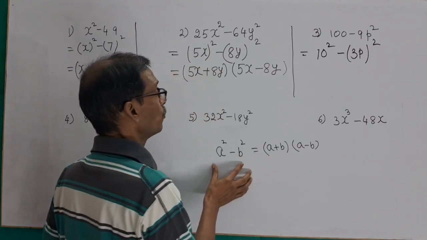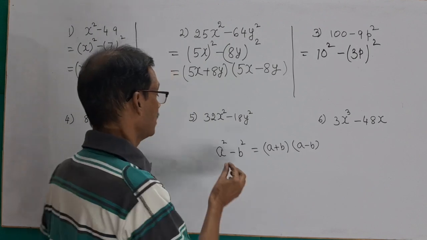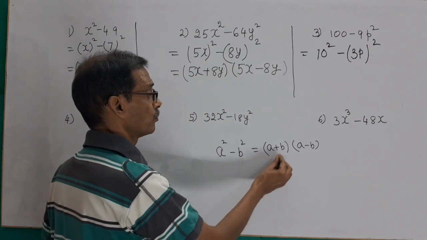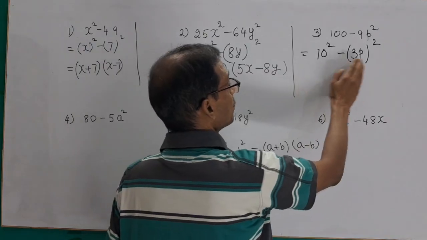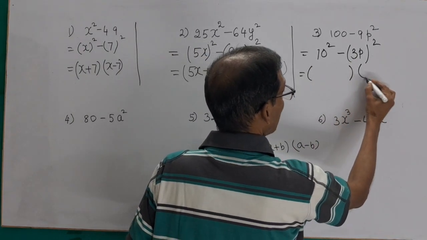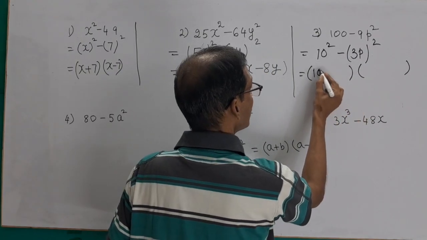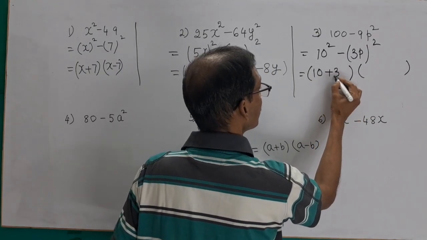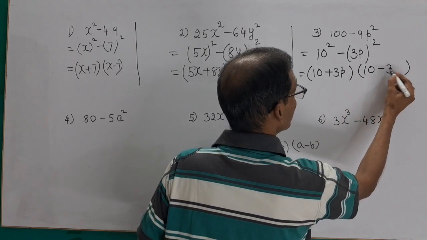Now again we will copy the same thing, because this is an identity. a square minus b square equal to a plus b into a minus b, that implies 10 square minus 3p square equal to, once they will be added and once we take the difference, 10 plus 3p into 10 minus 3p.